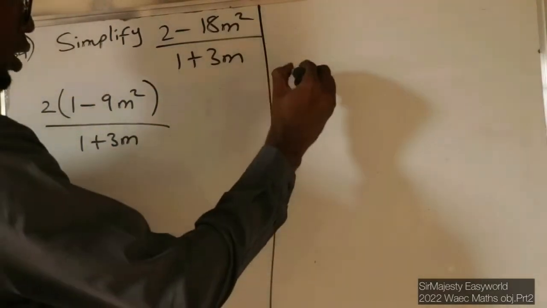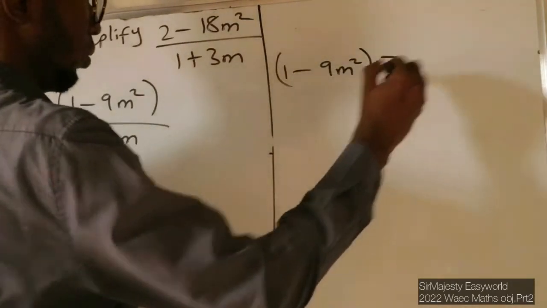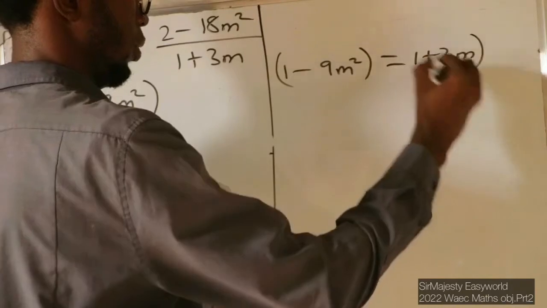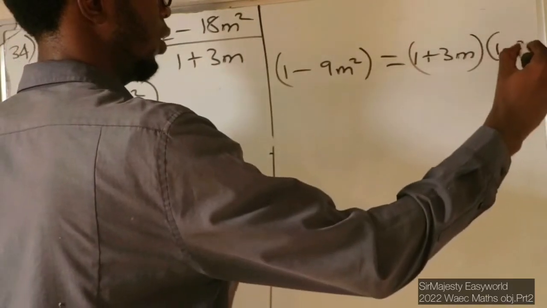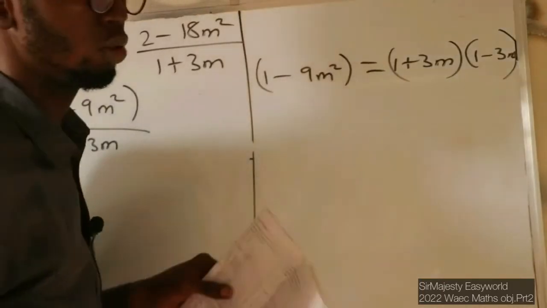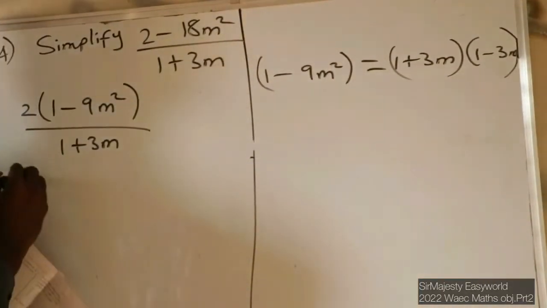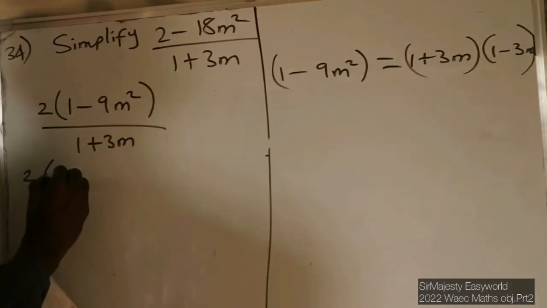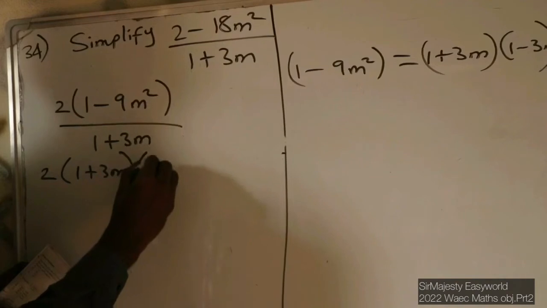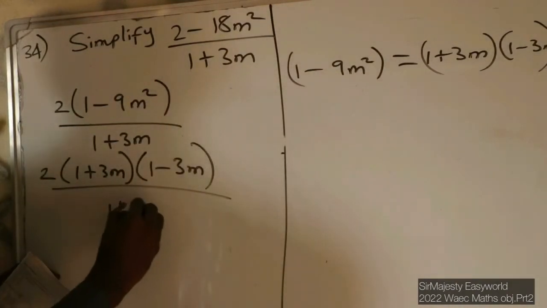Using the difference of 2 squares, we can see that 1 minus 9m squared is the same thing as 1 plus 3m multiplied by 1 minus 3m. In mathematics, this is called the difference of 2 squares. So we substitute this in place of this, so that we have 2 brackets 1 plus 3m, bracket 1 minus 3m, all over 1 plus 3m.